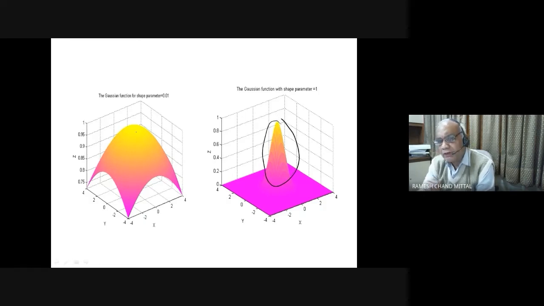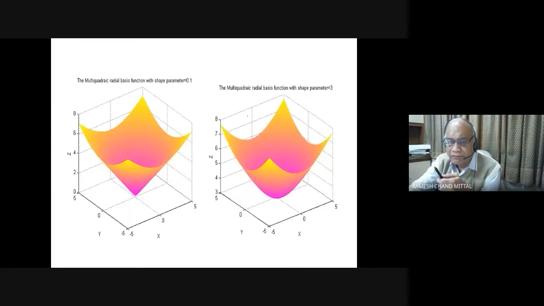Here the parameter value is 0.01 and the parameter value here is 1. So you can understand that way. It depends very much on the parameter, C or epsilon, whatever it is. Then you have the multi-quadratic function, so they have this shape.